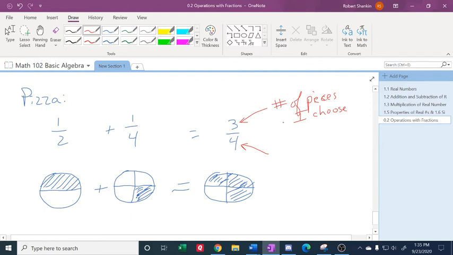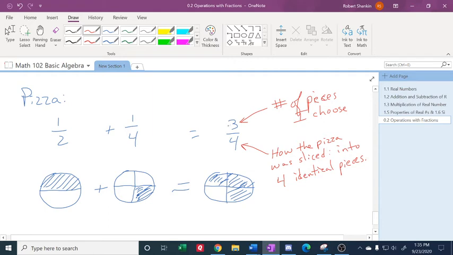Now, when you choose them, you chose them and you ate them. The 4 does not represent the number of pieces that I chose. What it really represents is how the pizza was sliced into 4 identical pieces.